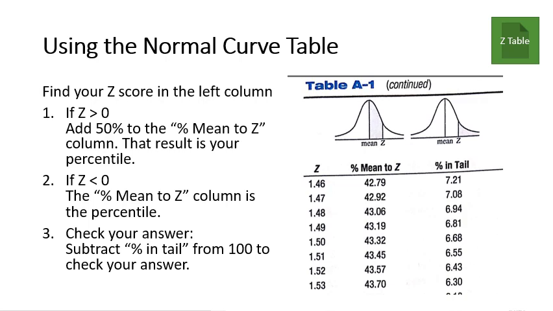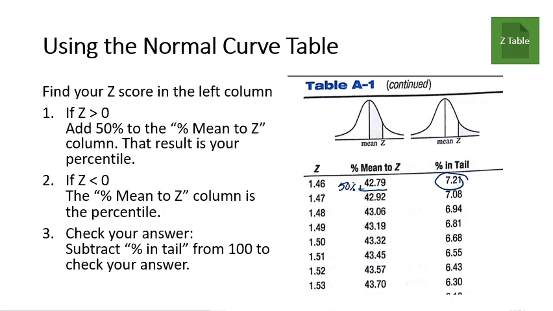A z-score of 1.46 would be about 1.5 standard deviations above the mean. And so the percent from the mean to z would be 42.79%. And we know that there's also 50% below the mean, and so we know that this would be in the 92.79 percentile by adding these together. Or we could subtract the 7.21 from 100%.